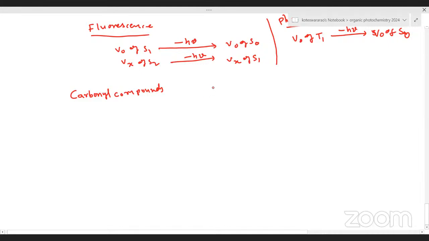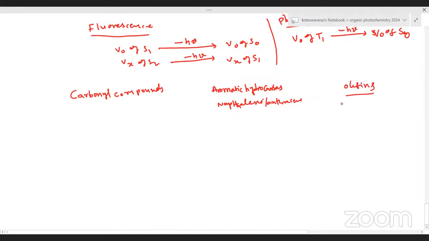Aromatic hydrocarbons, that is naphthalene, anthracene, phenanthrene, like that, and olefins.